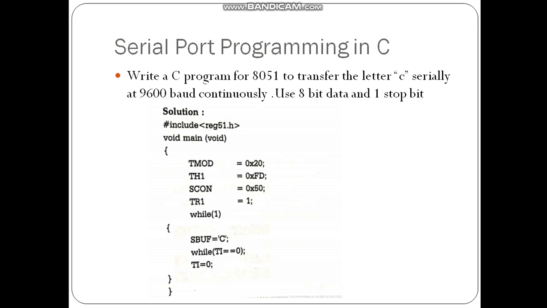So SBUF is equal to C. Continuously monitor the transmitter interrupt, while TI is equal to 0. Once it is 1, it will come out of the loop. Then make TI equal to 0. This is how we are transferring the letter C serially at a baud rate of 9600.